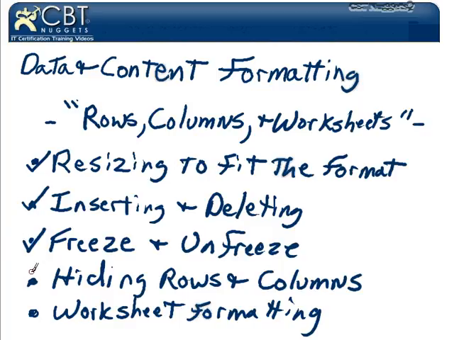And then we, of course, found out that not always do we want to allow certain information to be viewed, so we can hide the rows or the columns and even unhide them if necessary, and protect it by protecting the worksheet. Then we noticed that, hey, worksheets need love too. And so we needed to know how to do some formatting for our worksheets, including adding new worksheets to our workbooks, changing the tab colors, changing the names of them, all that, a little bit of review, but also something that we all need to be aware of.